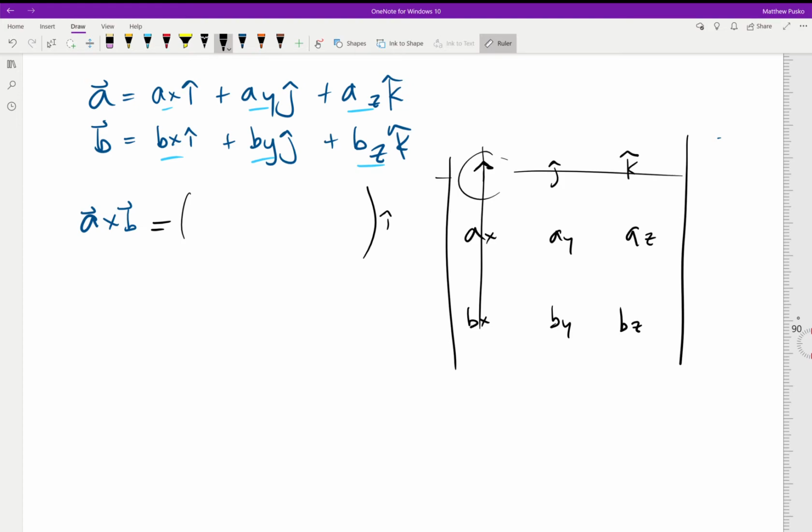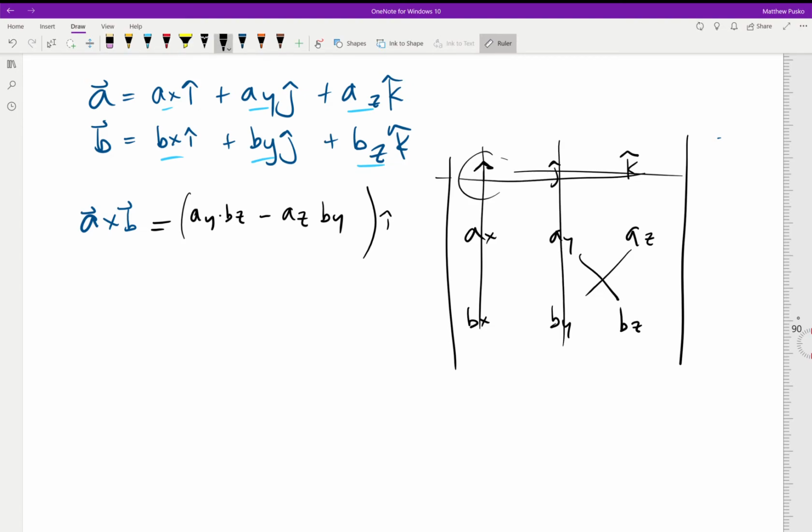And then what we do is take the determinant of this thing. So the determinant of that would be these two multiplied together, AY times BZ, minus these two things multiplied together, AZ times BY.